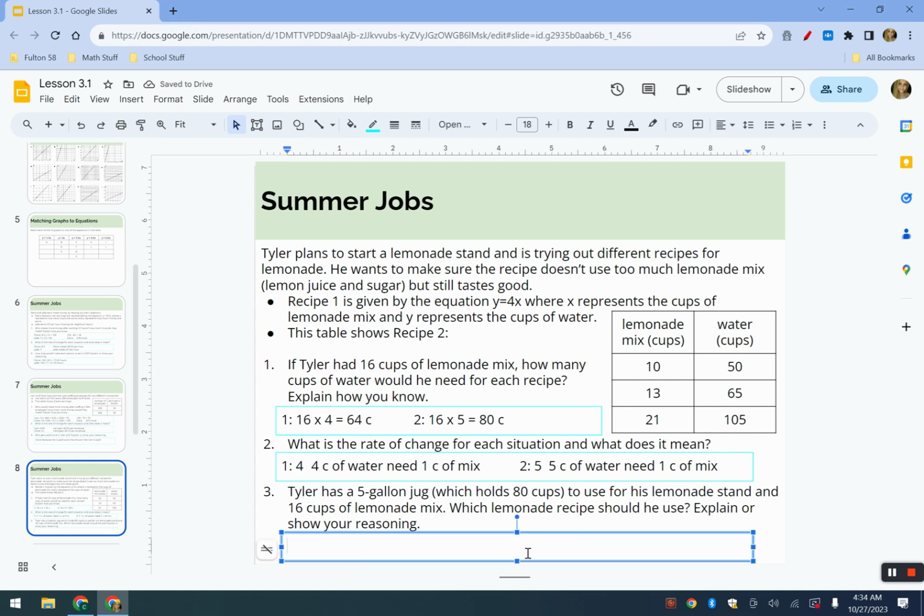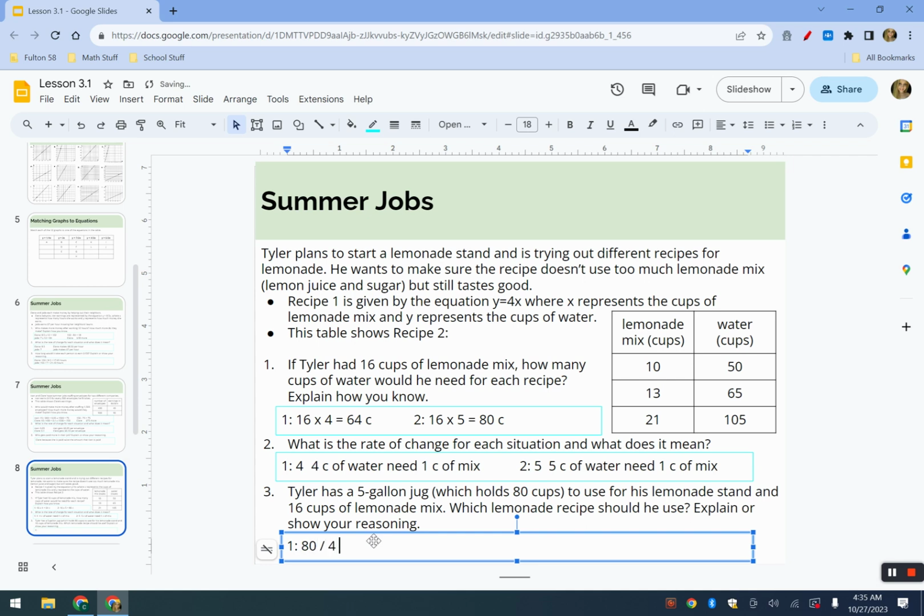For number 3, if we have 80 cups of water and 16 cups of lemonade, we want to know which recipe we could use. And so we're going to actually work backwards on this one. So if we know the water and we're trying to figure out if the cups of lemonade would work, we're going to take our cups of water and divide it by our rate of change.